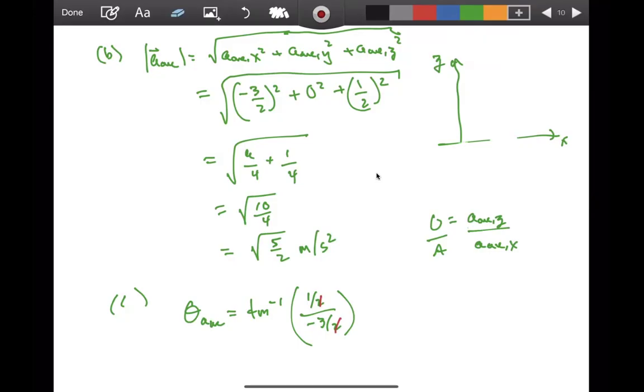So I got -3 in this direction, and then I got 1 in this direction, right? By 1/2. So that means my total angle should be this direction here. So that means I'm going to be in the second quadrant. So this is my angle of A average. In that case, what I find is that this works out to be 162 degrees. So this is the angle of my average acceleration.